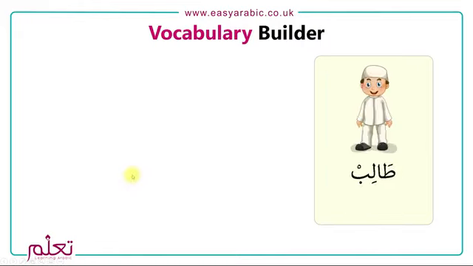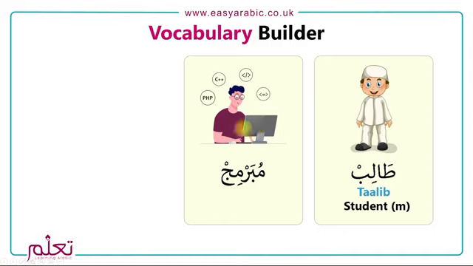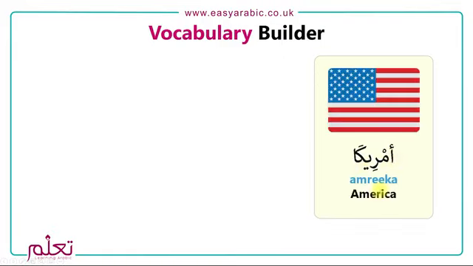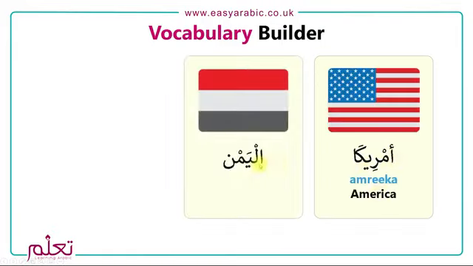Okay, next one, a word we've done before, which is talib, which is a student, a male. A female would be taliba. Then we have a programmer, which is mubarmij. And then we have a doctor, which is tabib. So talib, mubarmij, tabib. Okay. So America, which is America. Then we have Al-Yemen, which is Yemen.